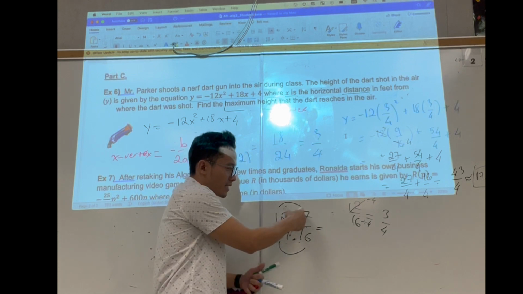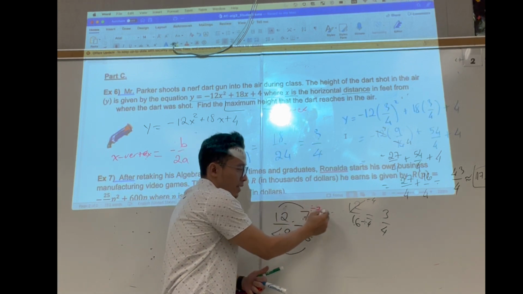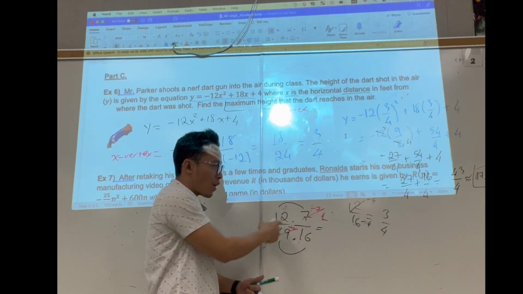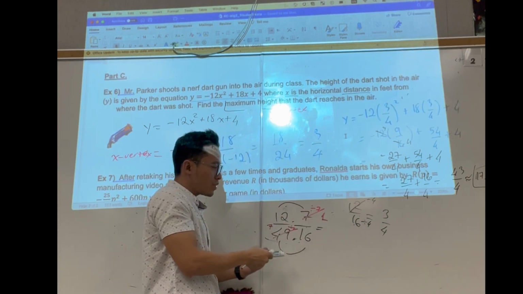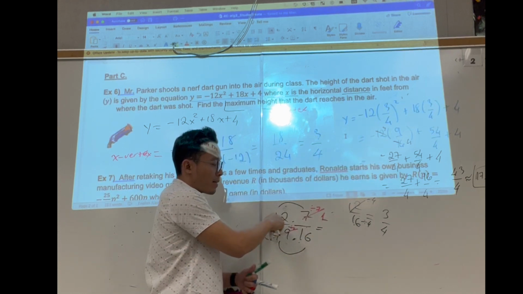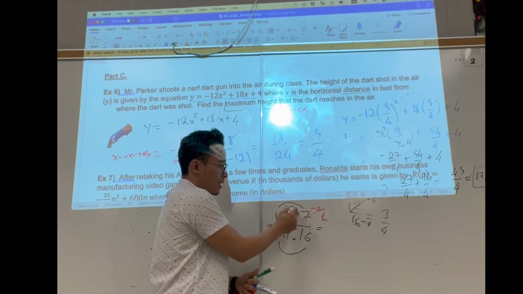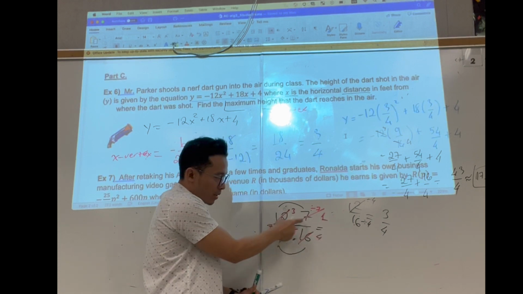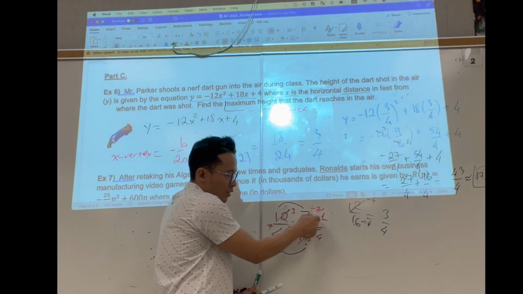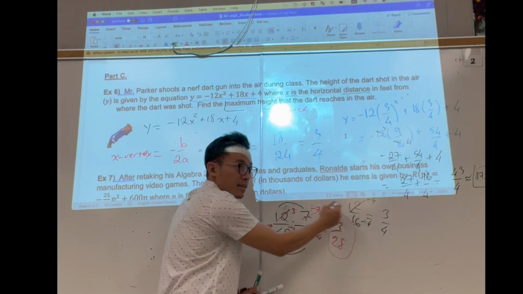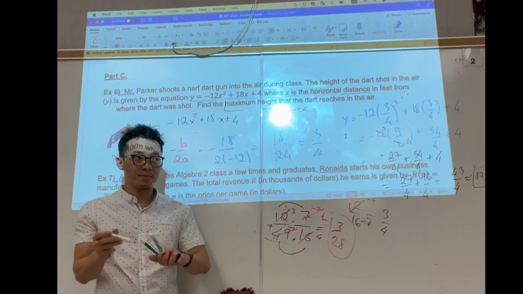So I divide the 7 by 7 to get 1, and divide 49 by 7 to get 7. Now it becomes 1 and 7. Can you simplify 12 and 16 like I just did? 12 divided by 4 is 3, 16 divided by 4 is 4. So instead of multiplying big numbers, now you just multiply 3 and 1 to get 3, 7 and 4 to get 28. That's it.